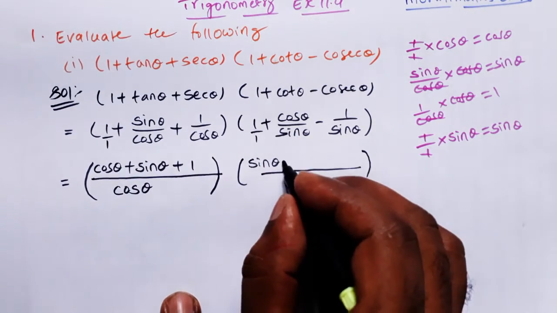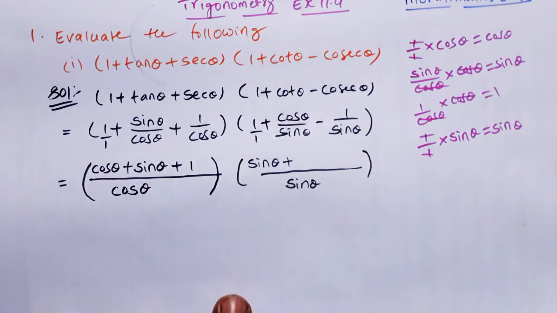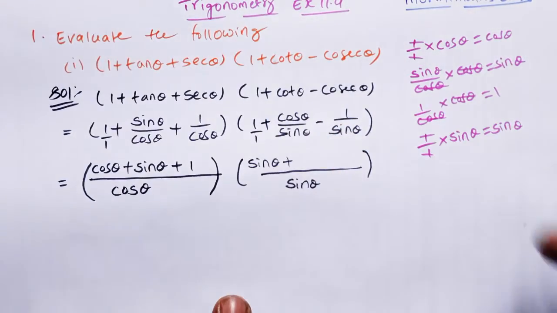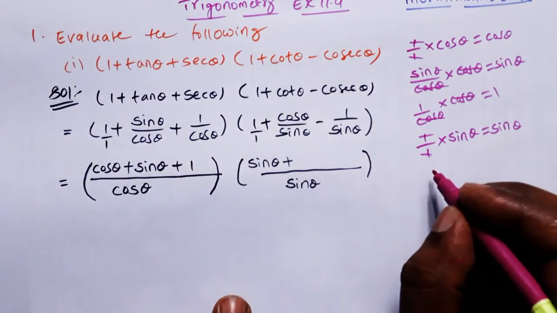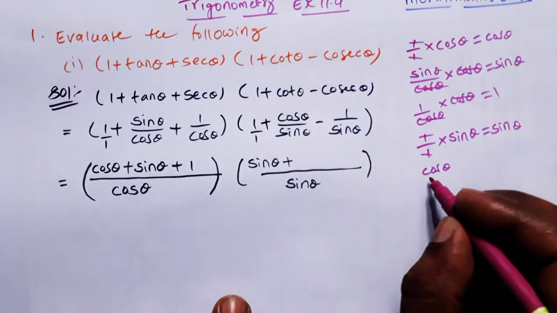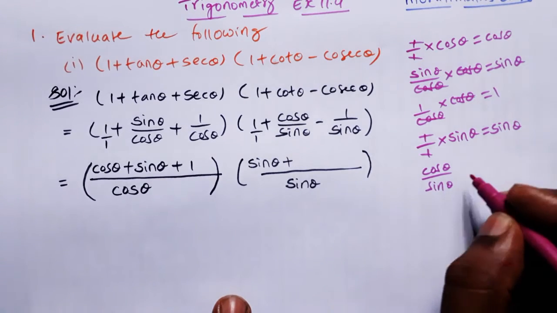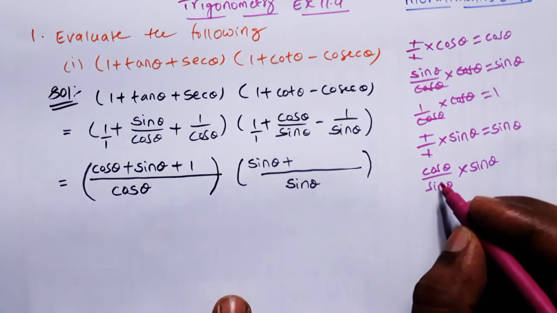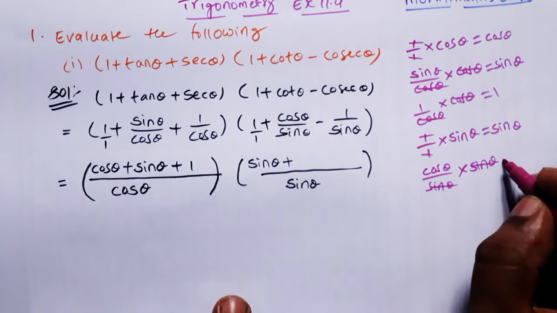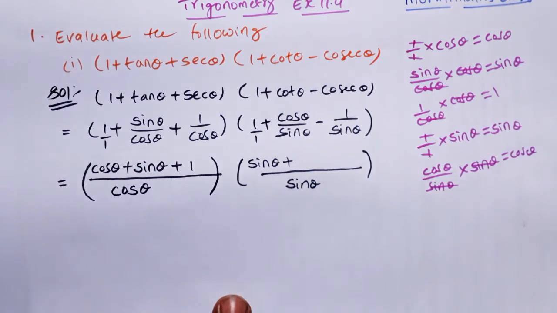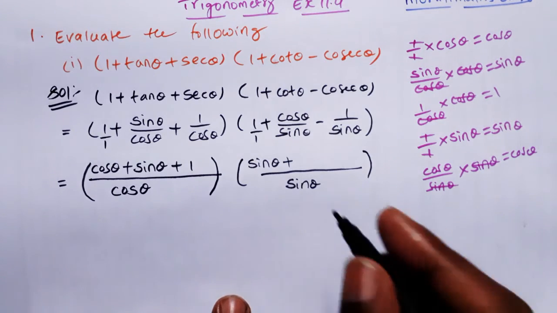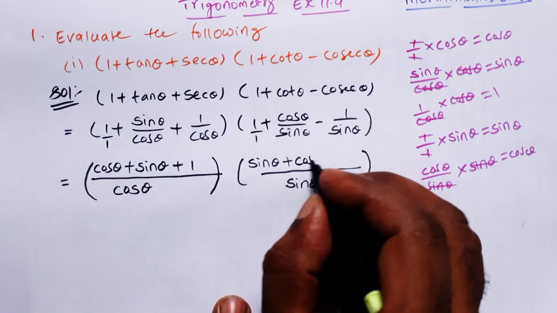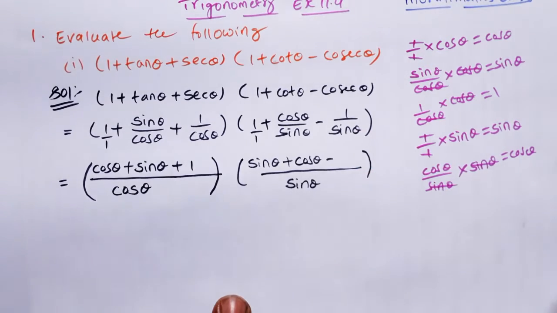Next symbol plus. Second fraction cos theta by sin theta. Multiply with LCM sin theta. Sin theta cancel. What is the answer? Cos theta. Right here. Next sign minus.